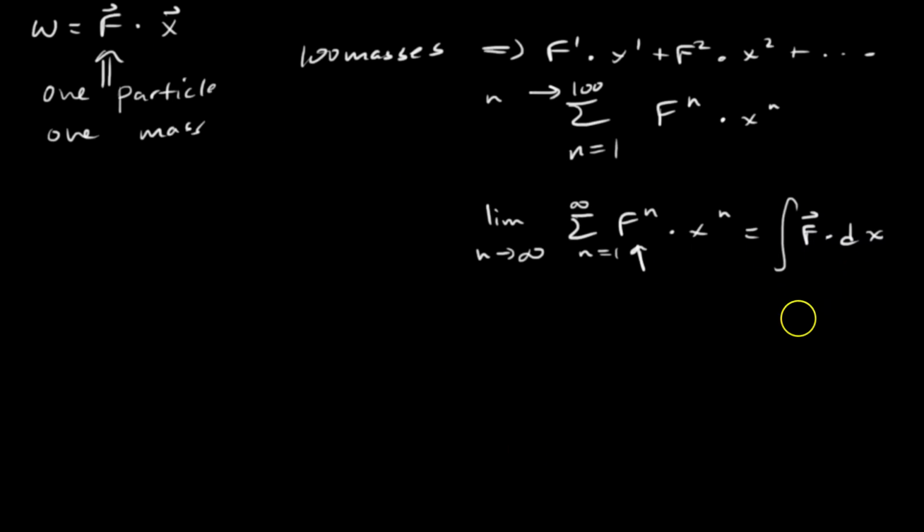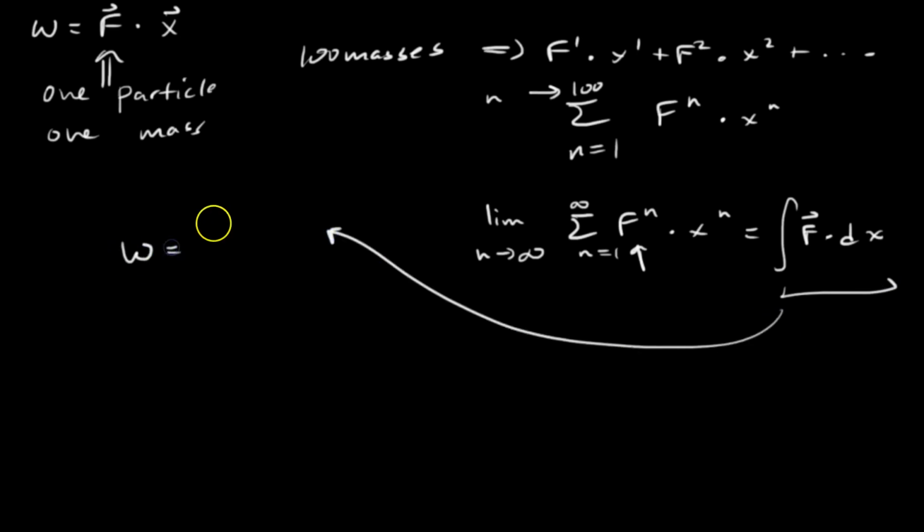Okay? So we've just derived this nice equation, and let's go all the way back. This is going to be equal to the work. So the work is going to be equal to the integral of the force dot product with dx.